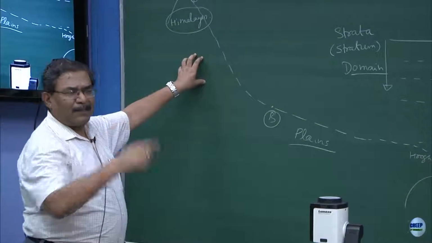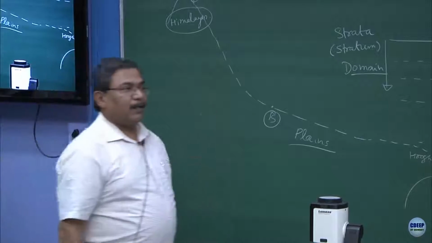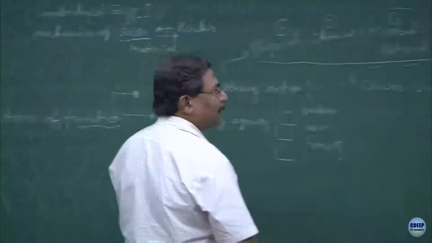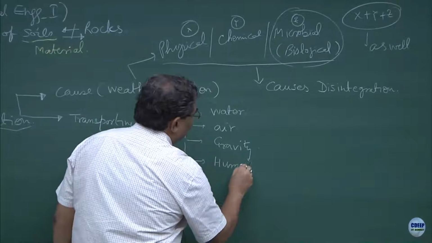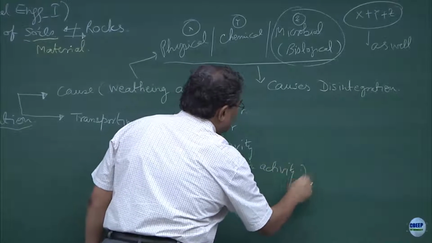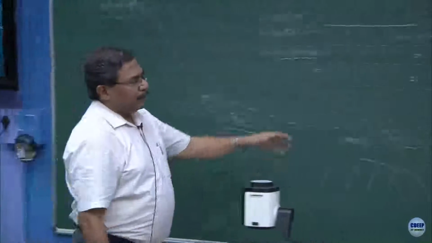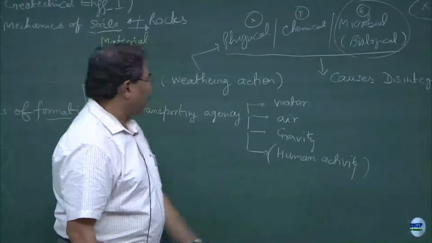I can't justify your answer. So, anybody else? You think that living organisms, yeah, human beings, if you are saying, then yes, that is possible. We are the biggest culprit. Is this okay? So, mostly you have water, you have air, you have gravity, you have human activities.